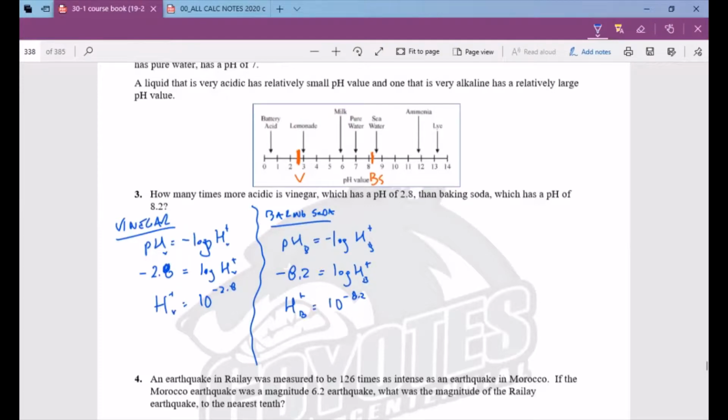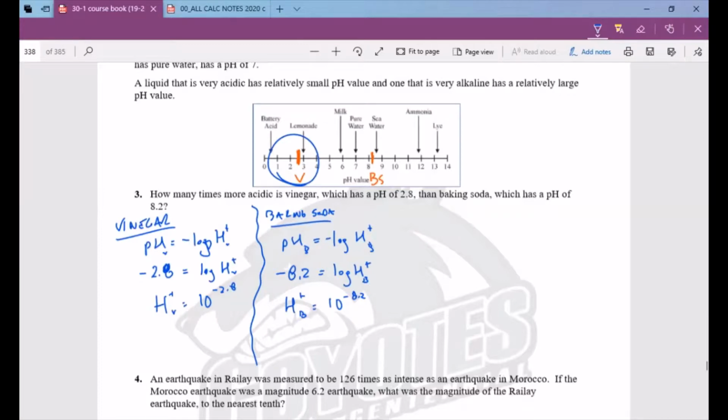Now I want to reiterate that we need to be clear about which way we're taking this ratio. This question is asking how many times more acidic is vinegar. Vinegar is more acidic, it's towards the acid end of this scale. If it asked the other way around, how many times more alkaline is baking soda, then we would put baking soda in the numerator.